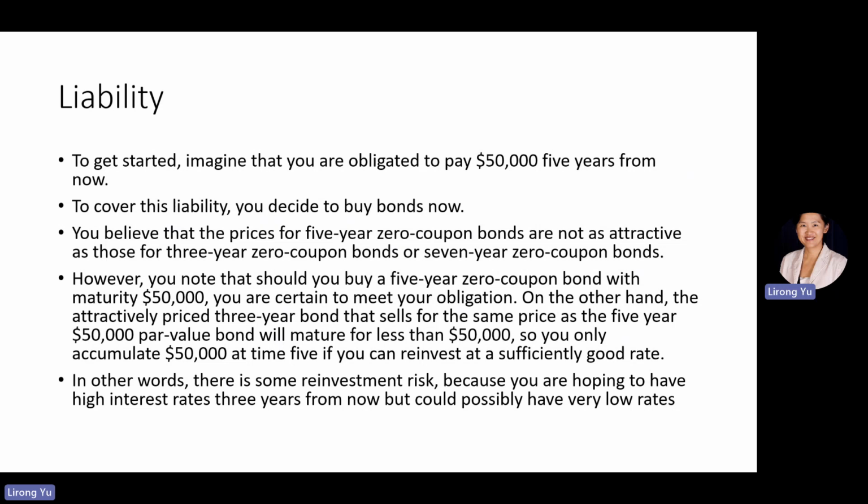As a little expansion of that idea, ideally you should buy the 5-year zero coupon bond because the future value of 50,000 is what you wanted. But suppose some other bond has better value, like a lower price now.